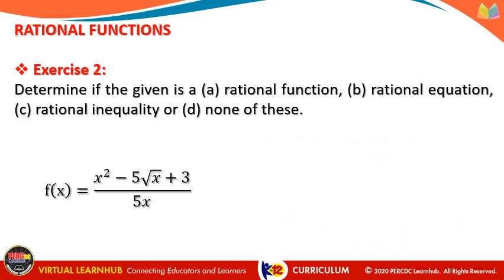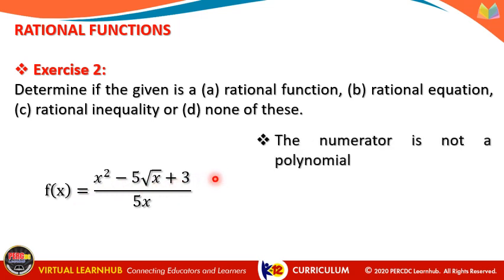Question number 2. What about f of x equals x squared minus 5 square root of x plus 3 divided by 5x? Again, iisang expression lamang yung ibinigay. Kaya, once again, hindi ito pwedeng maging rational equation, hindi rin siya pwedeng maging rational inequality. Alright. Rational function kaya ito? Well, makikita natin na yung numerator, si x squared minus 5 square root of x plus 3, ay hindi polynomial.